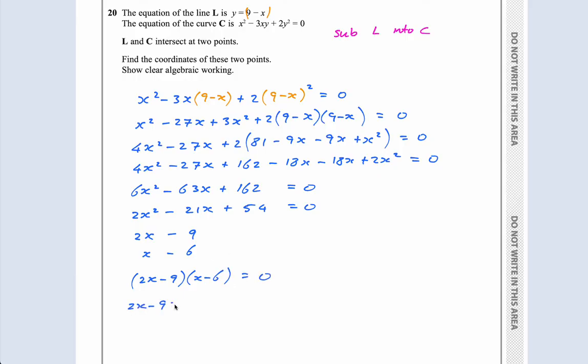2x minus 9 equals 0, or x minus 6 equals 0. 2x equals 9, x equals 9 over 2, or x equals 6. Okay, so these are my two x values. Once I have my two x values, I can get my two y values.